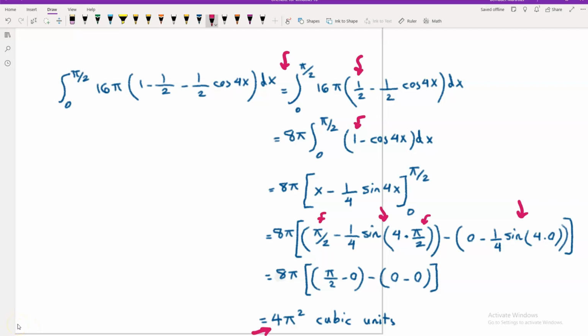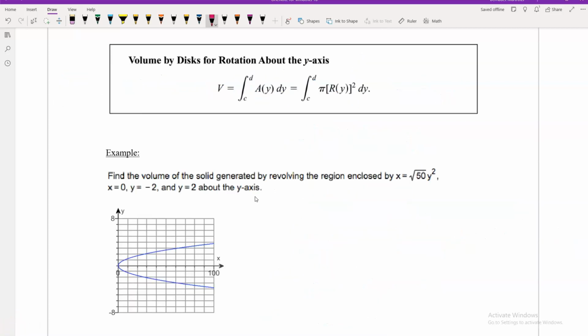That is our volume. Now on this part we have volume by disks for rotation about the y-axis. Instead of the x-axis, here we have the y-axis. So the volume is equal to the integral from c to d of the area A(y) times dy, which is the integral from c to d of pi times r(y) squared dy, where r is our radius.